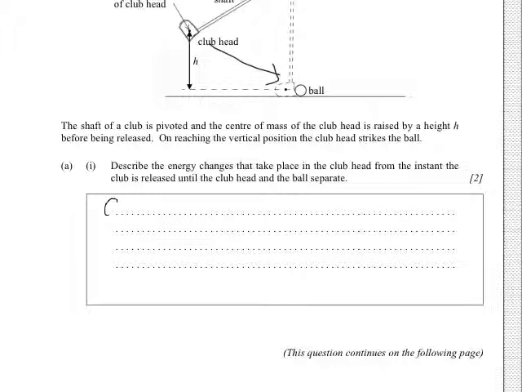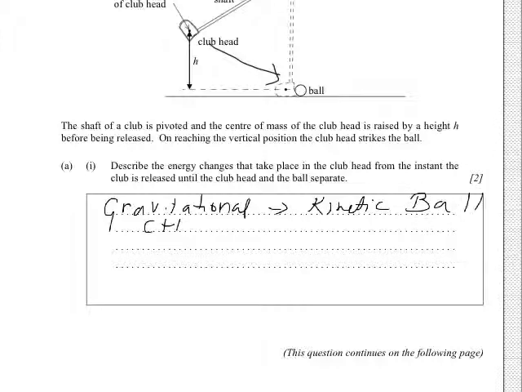We start off with gravitational energy of the club head to kinetic energy of the ball, and if you want to say heat, you can also say, but use internal energy.